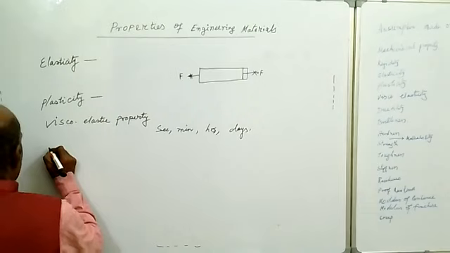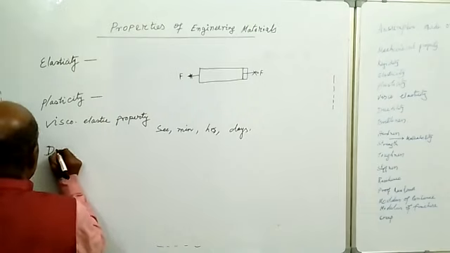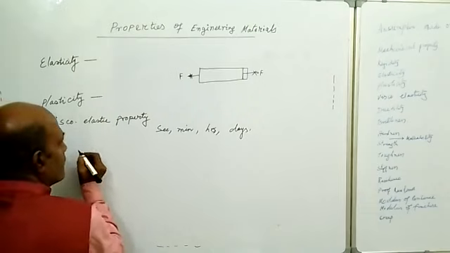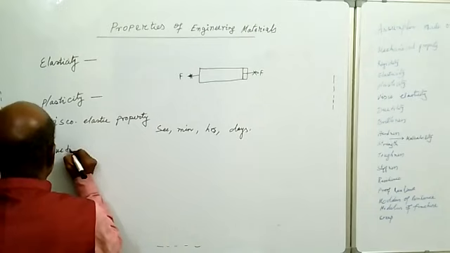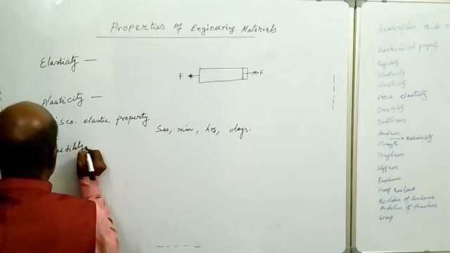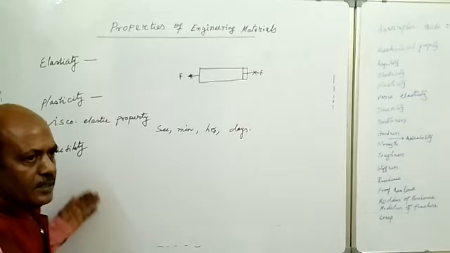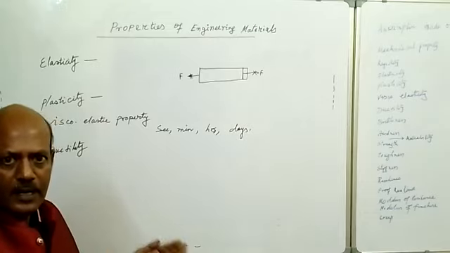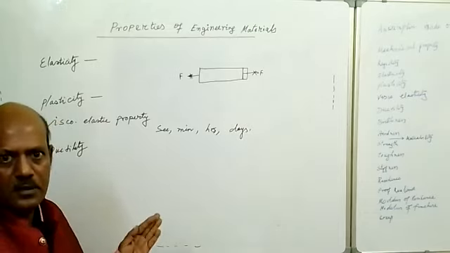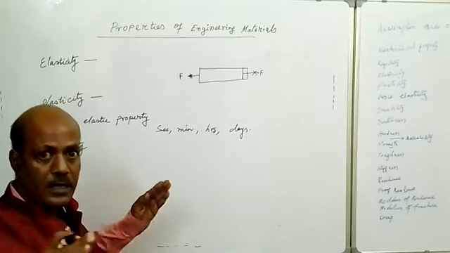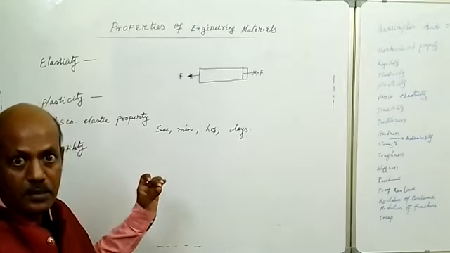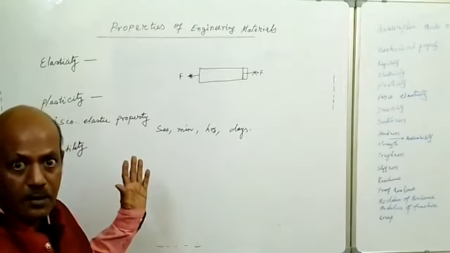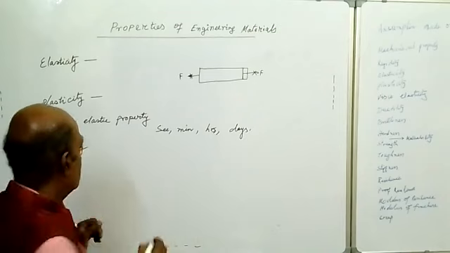Next important property you will see is ductility. This is the property of material by virtue of which the body can be elongated to a thin wire without cracking or crack formation.